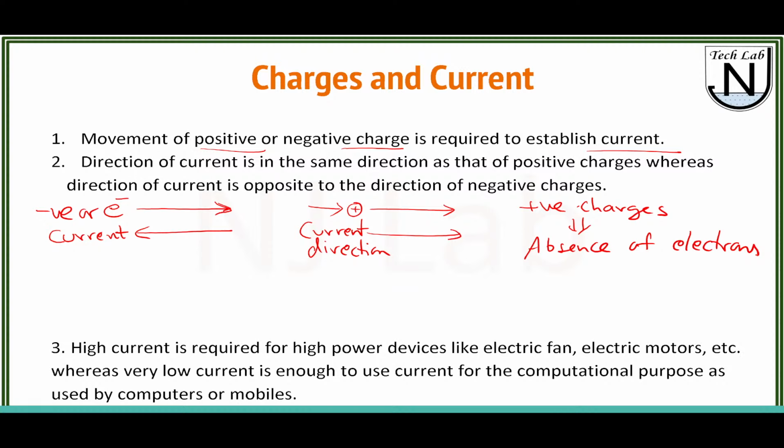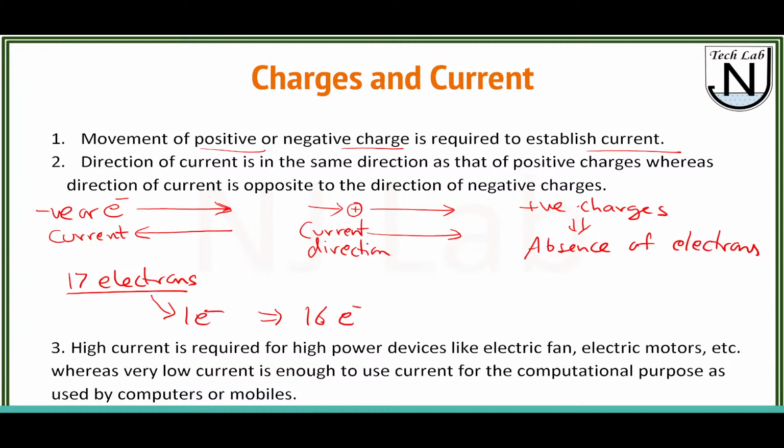So suppose a particular atom is supposed to have 17 electrons, right? But if somehow one electron is taken out, at the end it is left with 16 electrons, right?